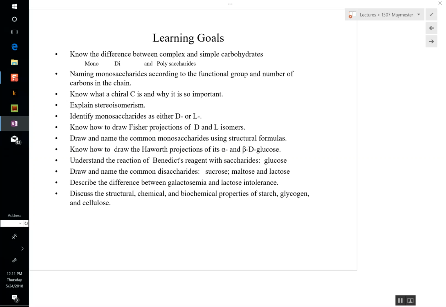This is where they cyclize. They come on around and form a ring on themselves, the monosaccharide. And that gets into Haworth projections. Benedict's reagent, we talked about that. So that's kind of a quick summary. I've got kits back there.